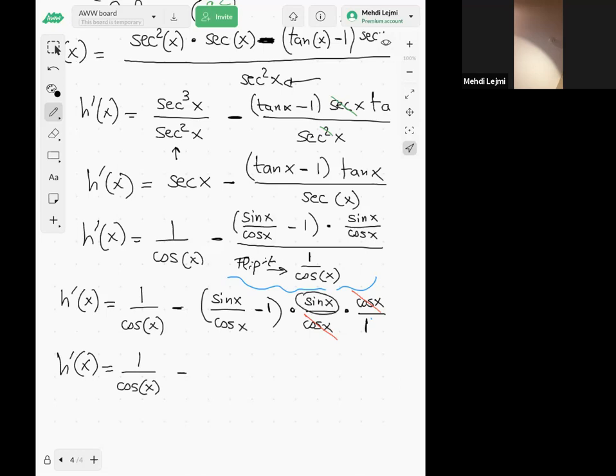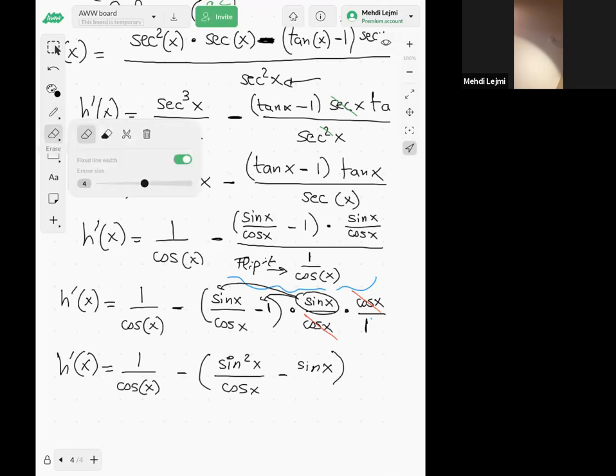I'm going to multiply sine here and sine here, so minus sine square of x over cosine, minus sine of x. So you can see, guys, I'm sorry, I am going over time. I'm going to be done in 1 minute. So this is minus sine of x.